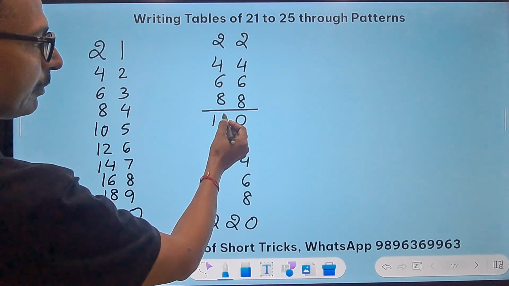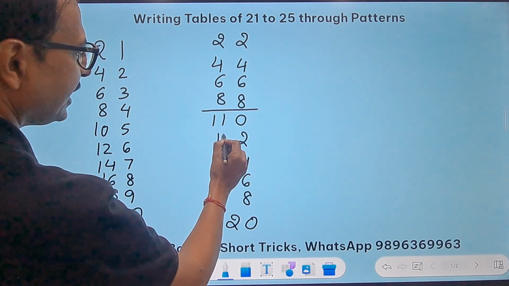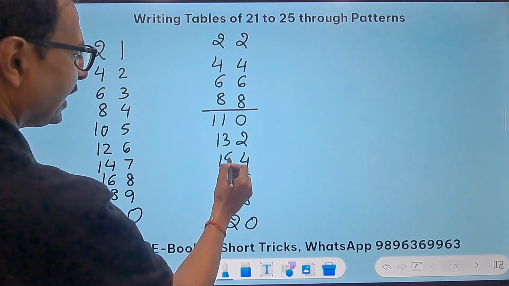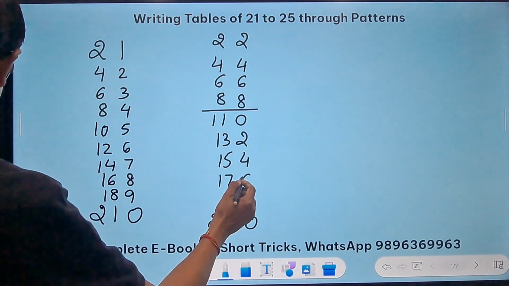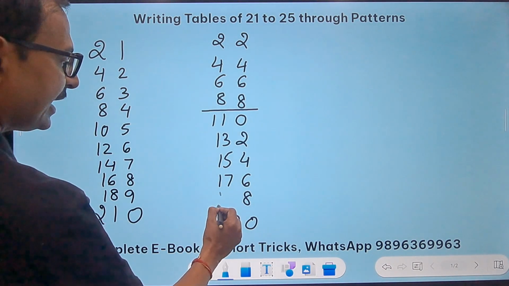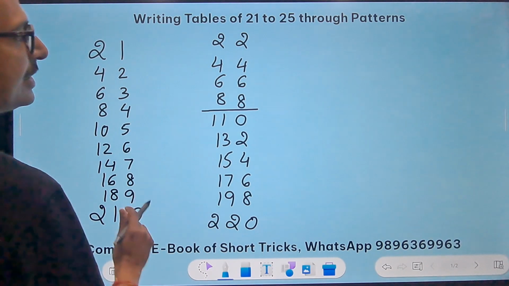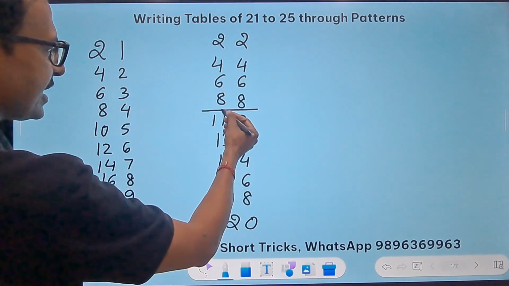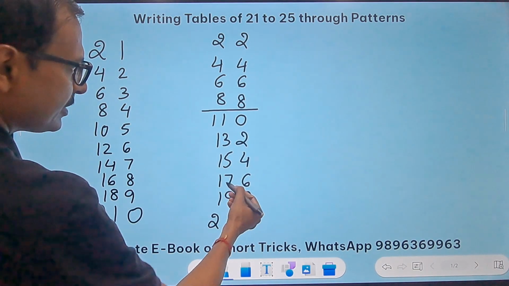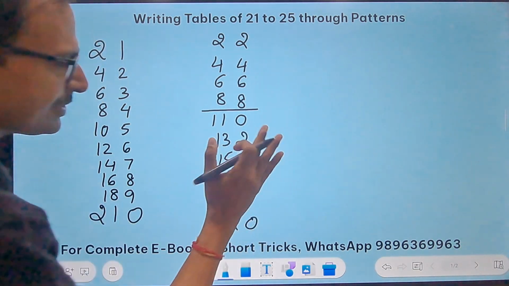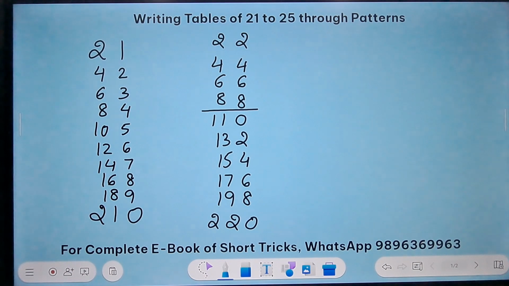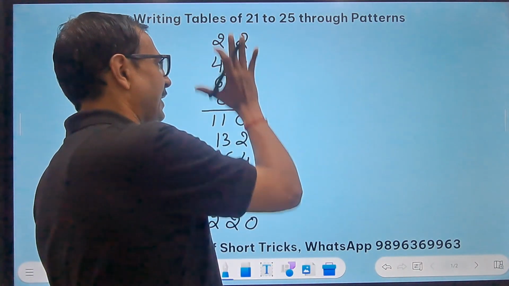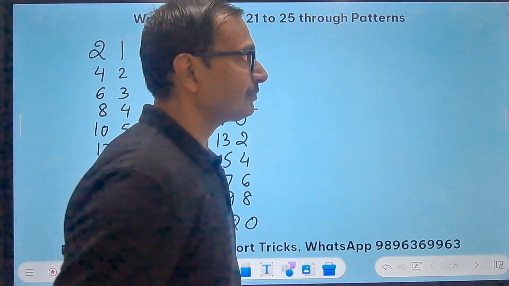Since this is an odd number, we will write the odd numbers 13, 15, and then 17. So 176, and finally 19. So 198. See, 4 with the even numbers, and starting from 11 we have all the odd numbers, and the last one is pretty obvious there, 220. Now this is the pattern in the table of 22.